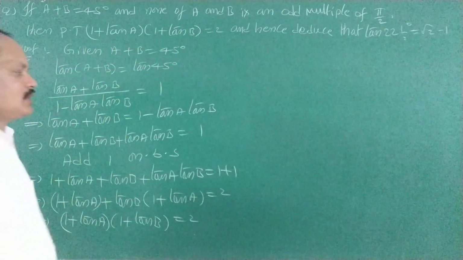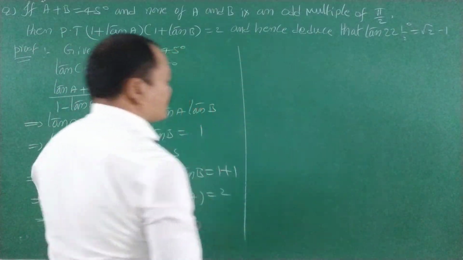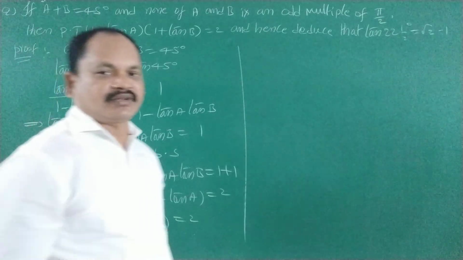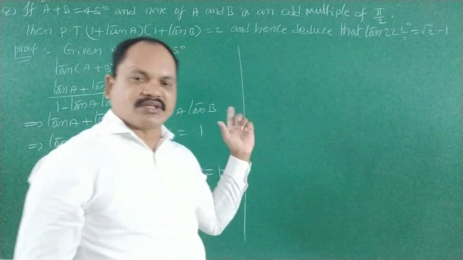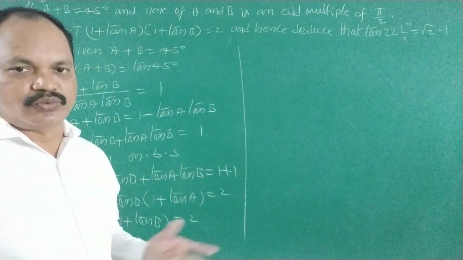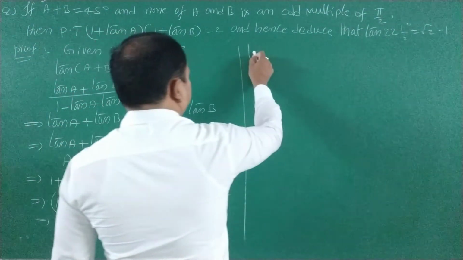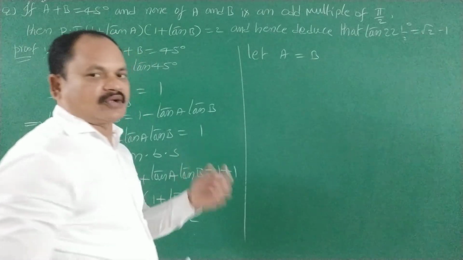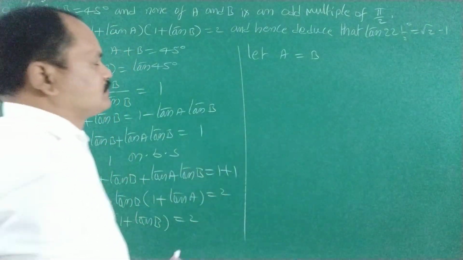Hence 2. Now from this we have to deduce tan 22.5 degrees is equal to root 2 minus 1. Let a is equal to b. Suppose we have to consider a is equal to b.